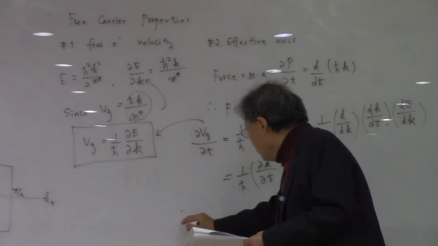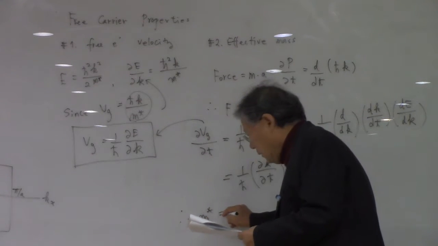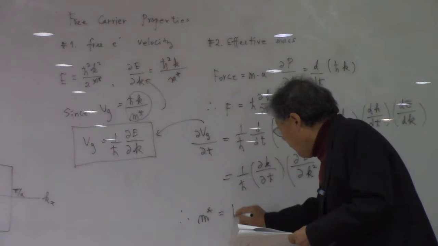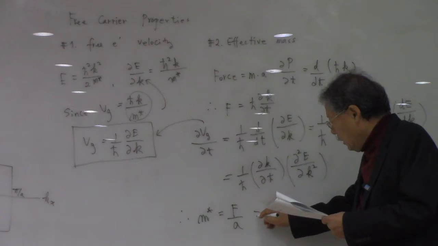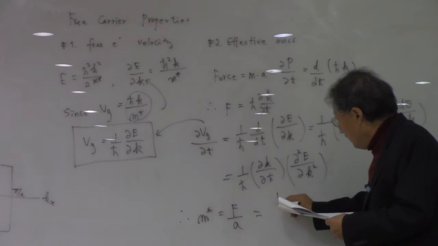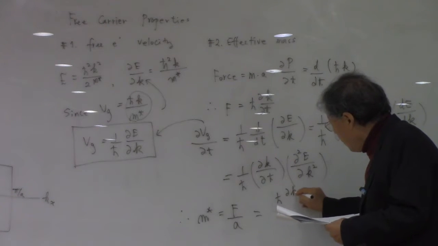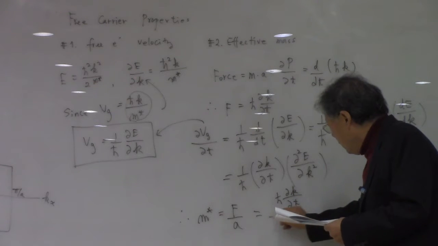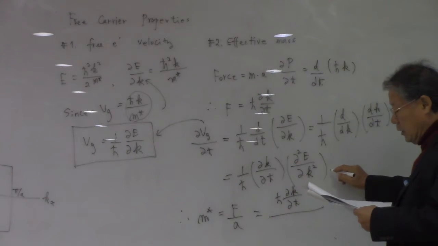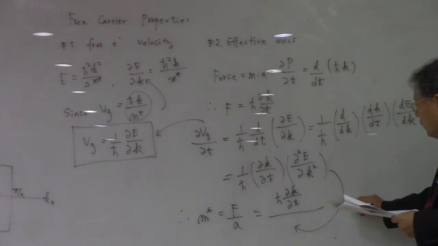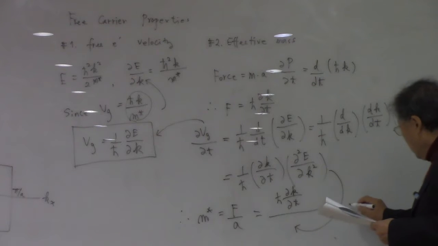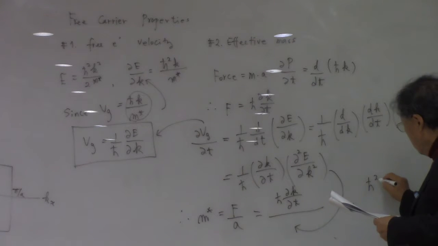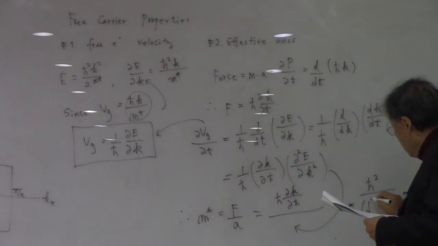So effective mass now is going to be F divided by acceleration, so that the F now is going to be h bar dK over dT, and acceleration is just this, right? Go to the denominator, and then that is going to be h bar d square E over dK square.